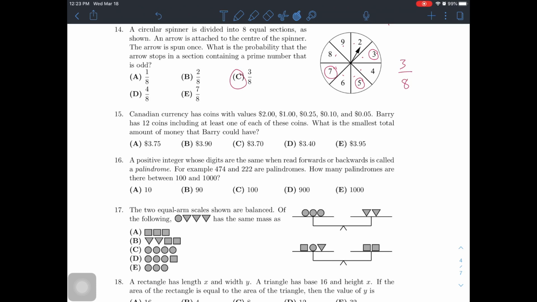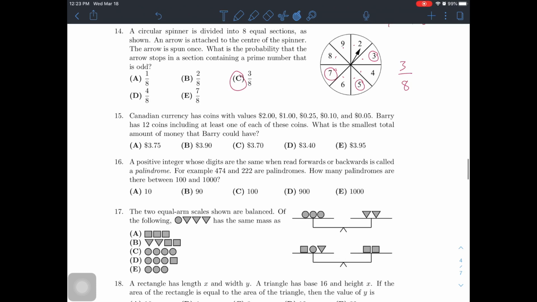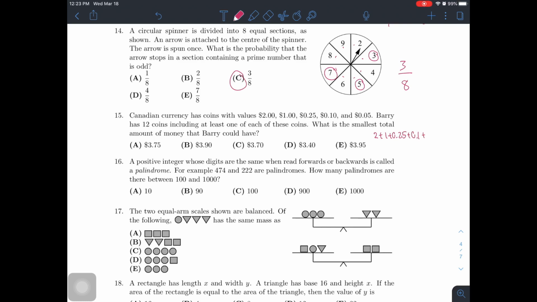So we know that Barry has to have at least one of each of these coins. Let's add those up first. So 2 plus 1 plus 0.25 plus 0.1 plus 0.05 plus, we have to add the remaining coins multiplied by the smallest value we have, which is 0.05.